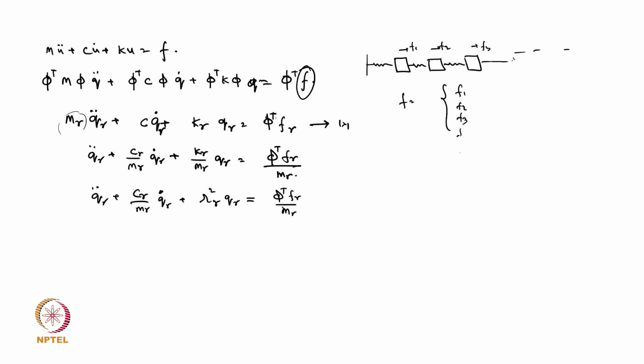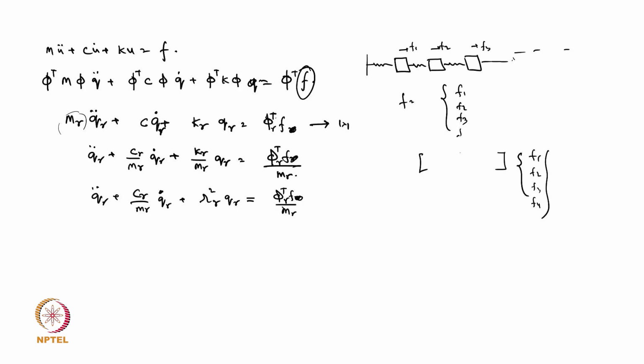F1 acts on the first degree of freedom, F2 on the second, third, fourth, like this. So once we do phi_r transpose with this, phi_r is multiplied with F1, F2, F3, F4.